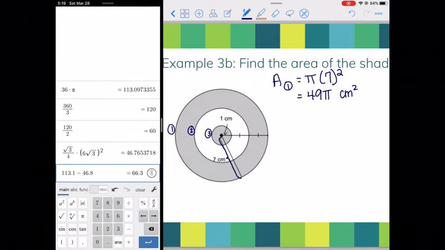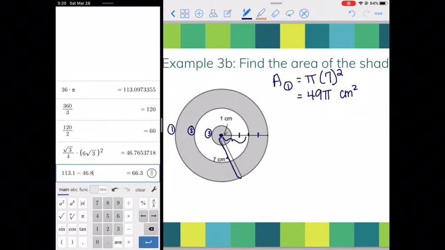Now, to find the area of circle 2, I need to figure out what the radius is going to be, from the center point out to the edge of that second circle. So I noticed that the white part and the furthest out gray part are marked congruent, and the smallest part is 1 centimeter.